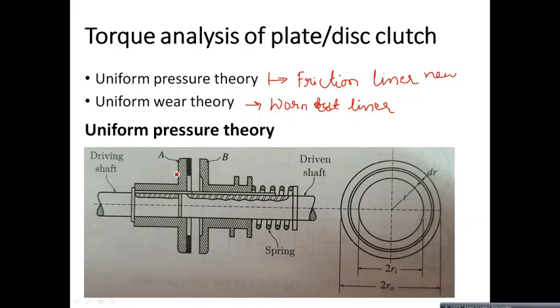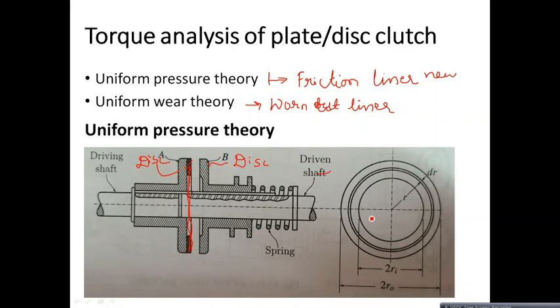So let us consider a single plate clutch here, which has a driving shaft, a disc A and a disc B. Disc A is attached with some lining material, a sort of friction liner, and it is connected to the driving shaft.